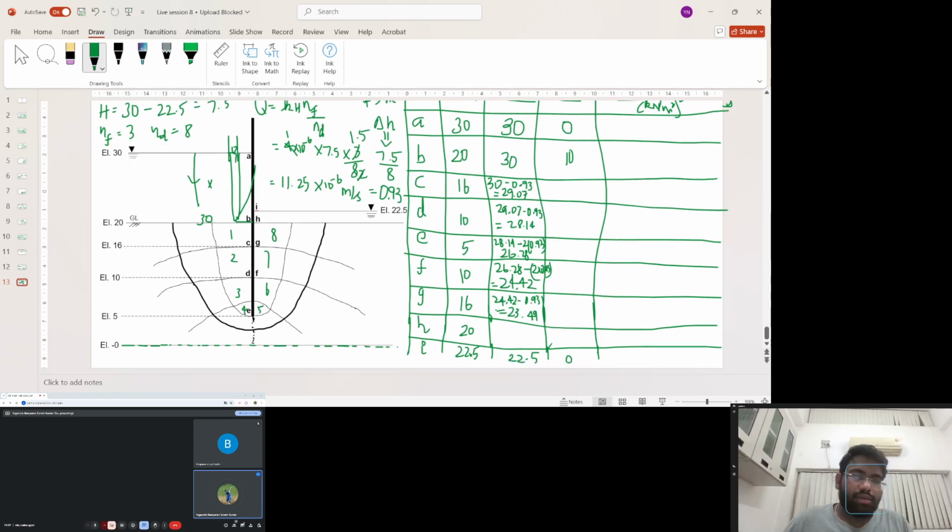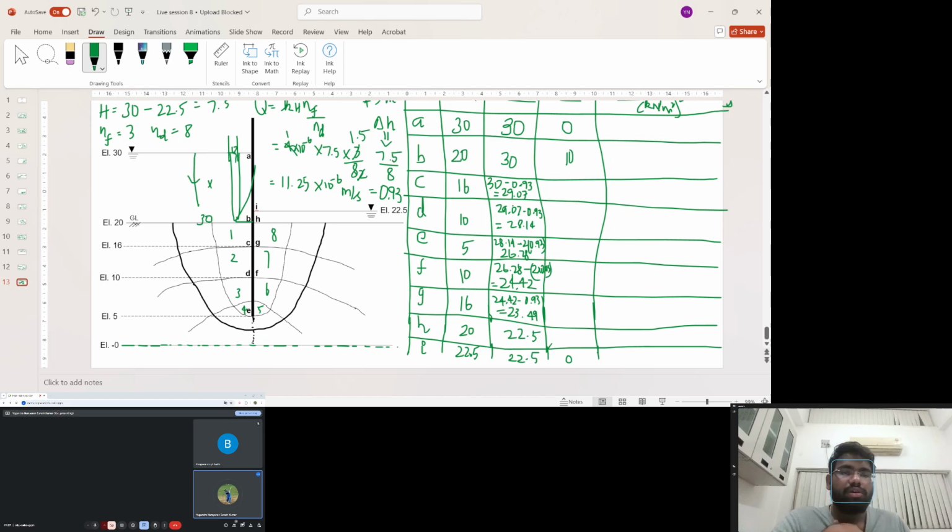And again minus 0.93, it will come back to approximately 22.5 here. Some minimal difference is due to decimal issues. So it will come to 22.5 at H. And from H to I, there is no change, no flow occurring.